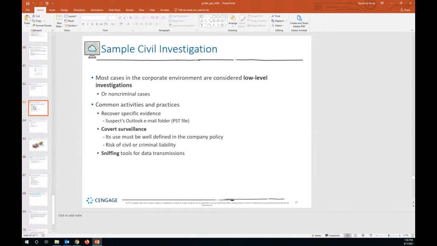Sniffing tools could be used for data transmission. Sniffing tools detect data transmission to and from a suspect's computer and a network server, and they determine the type of data that's being transmitted over the network.